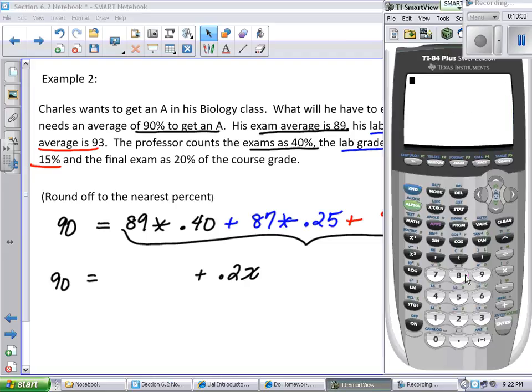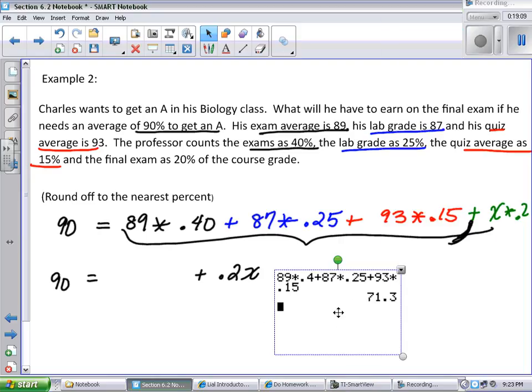We had 89 times 0.4, plus 87 times 0.25, plus 93 times 0.15. And if we do that, we've got 71.3.